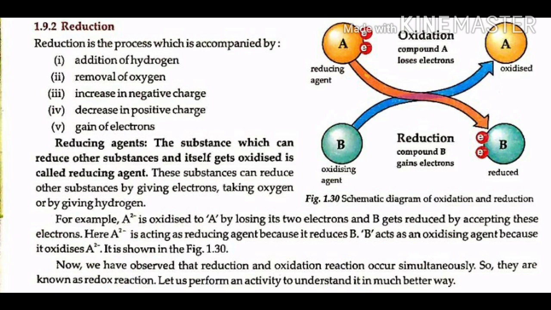Here A2- is acting as reducing agent because it reduces B. B acts as an oxidizing agent because it oxidizes A2-. Now we have observed that reduction and oxidation reactions occur simultaneously, so they are known as redox reactions.